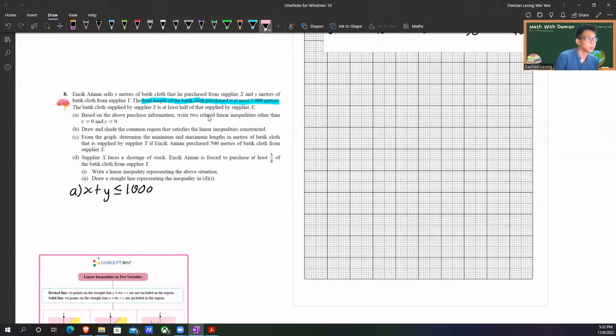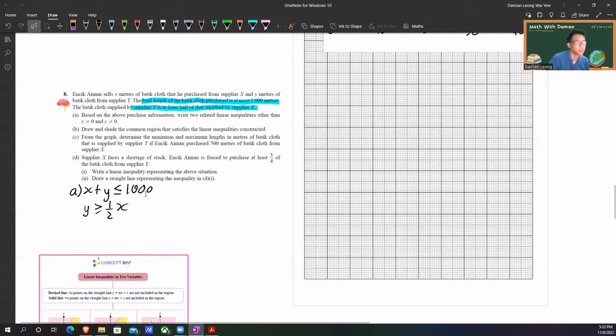The other information: batik cloth supplied by supplier Y is at least half of that supplied by supplier X. At least means more than or equal to half of what is supplied by supplier X, which means half X. So Y is more than or equal to half X, and X plus Y is less than or equal to 1,000.